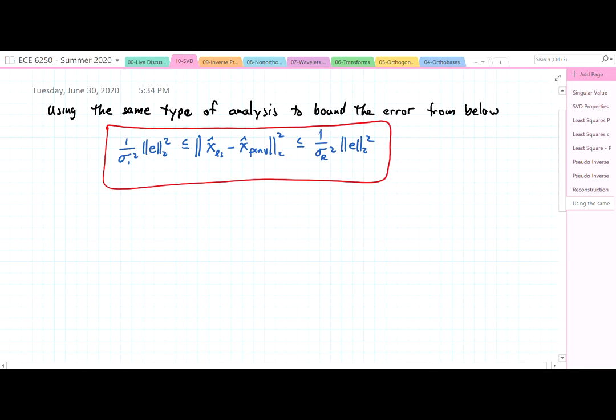We can also talk about, as we did before, what happens if we characterize that error as noise, which makes a lot of sense and is fairly easy to do.